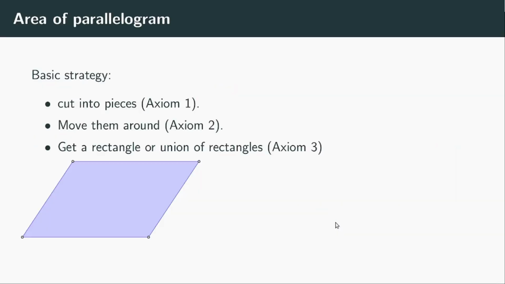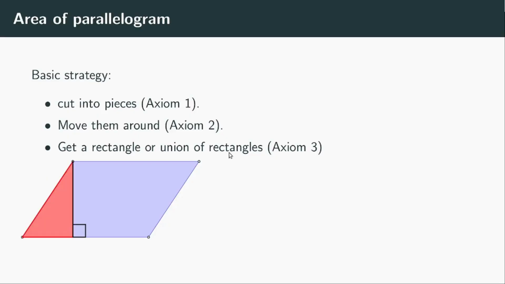Okay, so here let's illustrate how these axioms allow us to conclude what the area of a parallelogram is. So if we're given some polygonal region, so here my parallelogram, the basic strategy is we're going to cut it into nice pieces. We're going to move them around, and then after we do that, we get a rectangle or a union of rectangles.